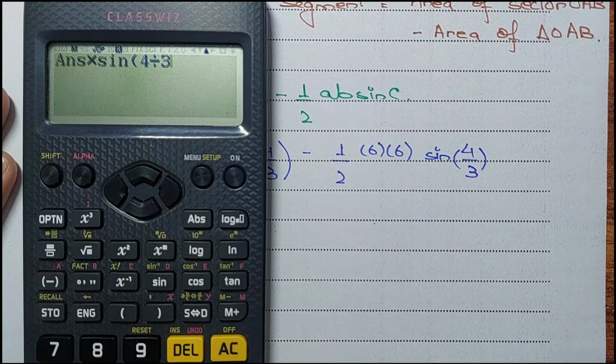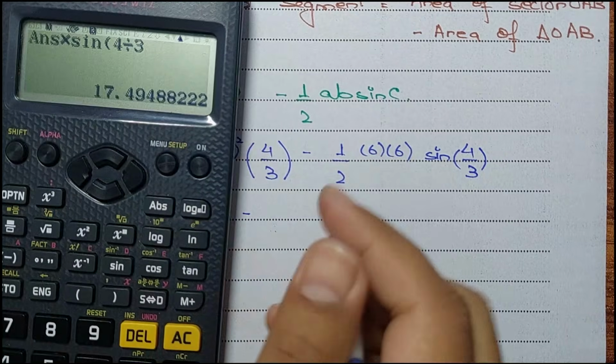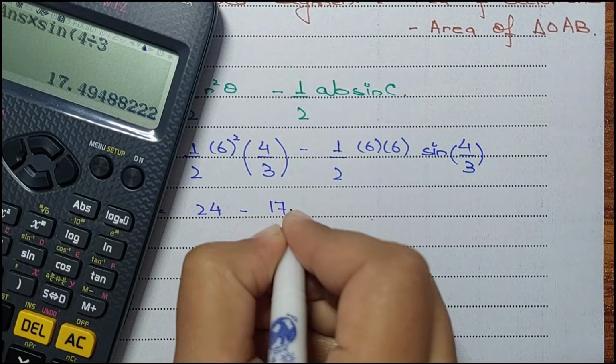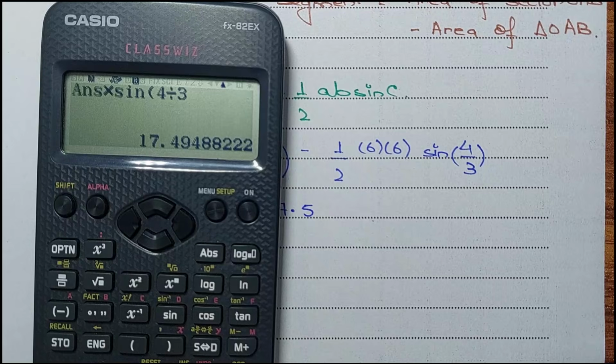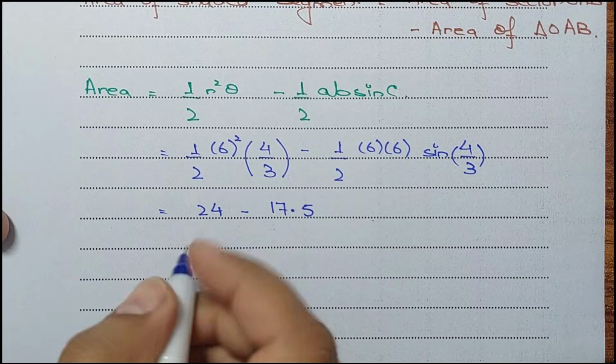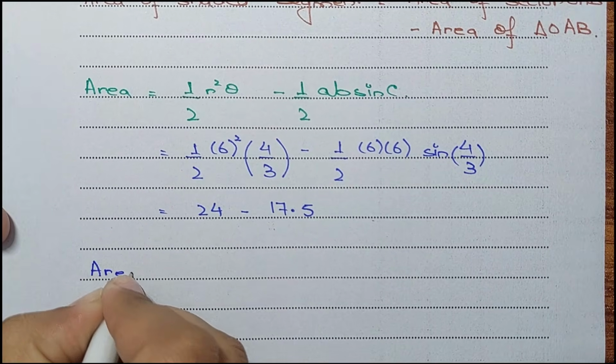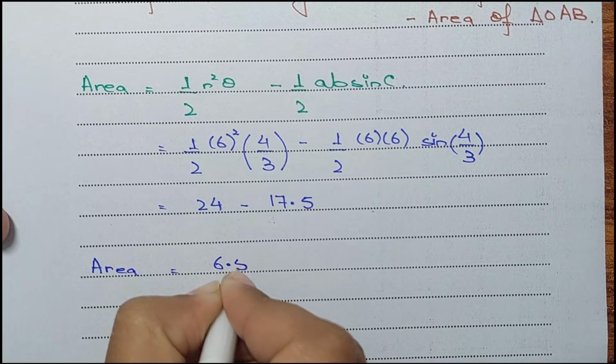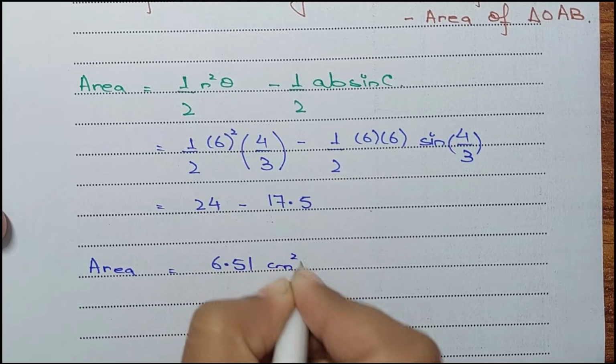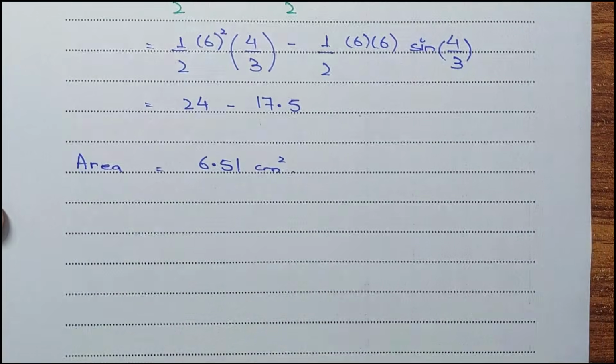This is in radians. That gives 17.5. 24 subtract the answer, which is 6.51 if I round it. So the shaded area becomes 6.51 centimeters squared. This will be the shaded area.